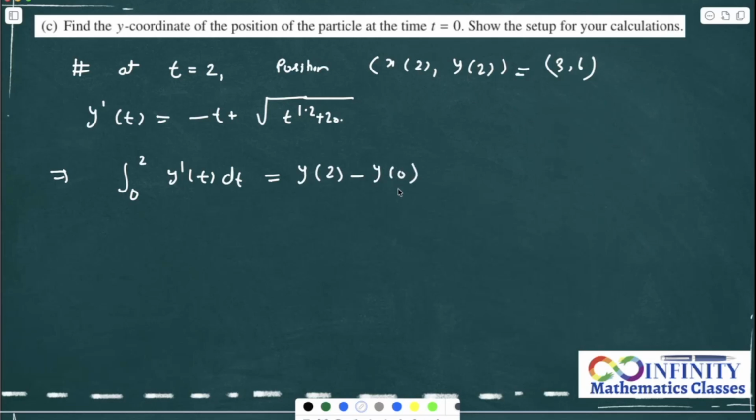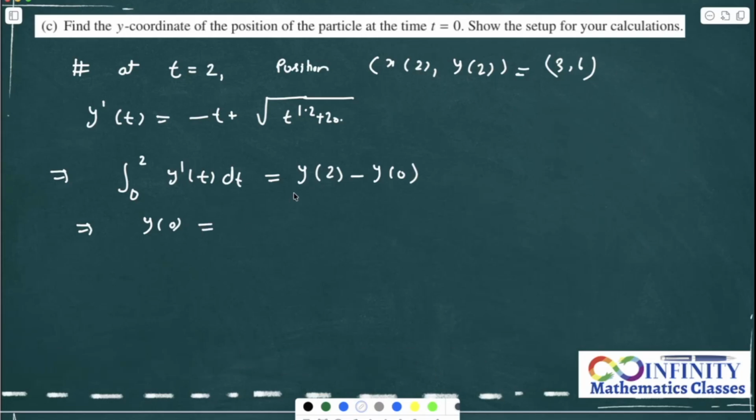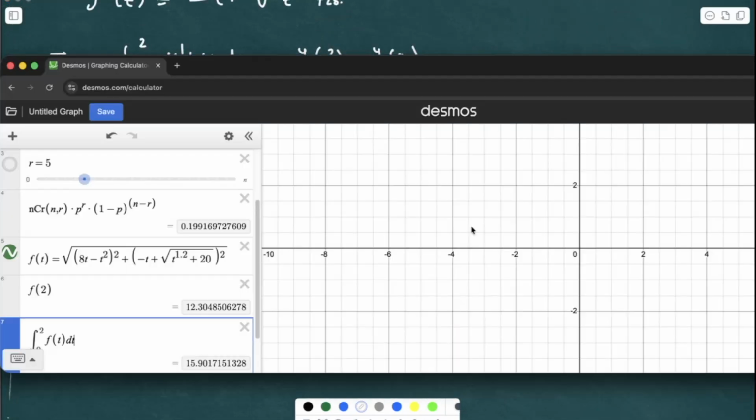Am I right? Yeah. y2 is 6 for you. That means y0 is going to be 6 minus the integral from 0 to 2 of y prime t dt. Use the calculator to get this value. I hope you will be able to get the answer.